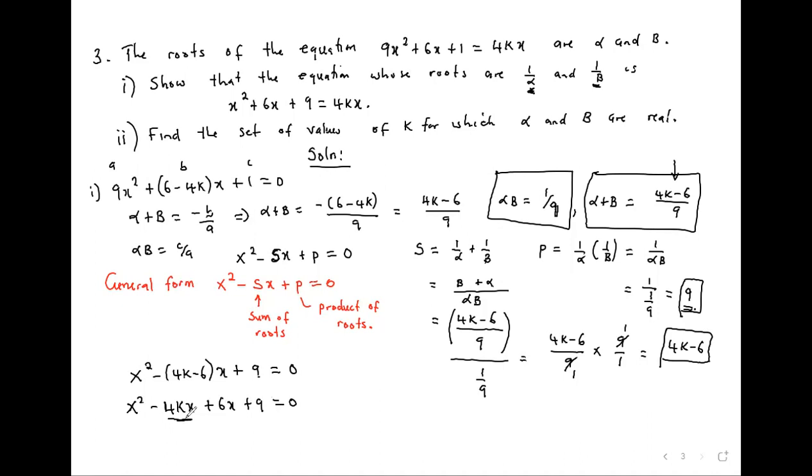If we take this to the other side, then we're going to have x squared plus 6x plus 9 is equal to 4kx, as required. We have gotten this one. We were told to show that this is indeed true.